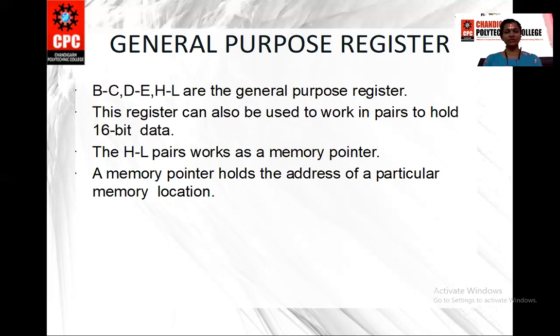Because by combining them, we can store an address in these register pairs, and when you combine them, they become 16 bits. These are the general purpose registers used in the 8085 microprocessor.